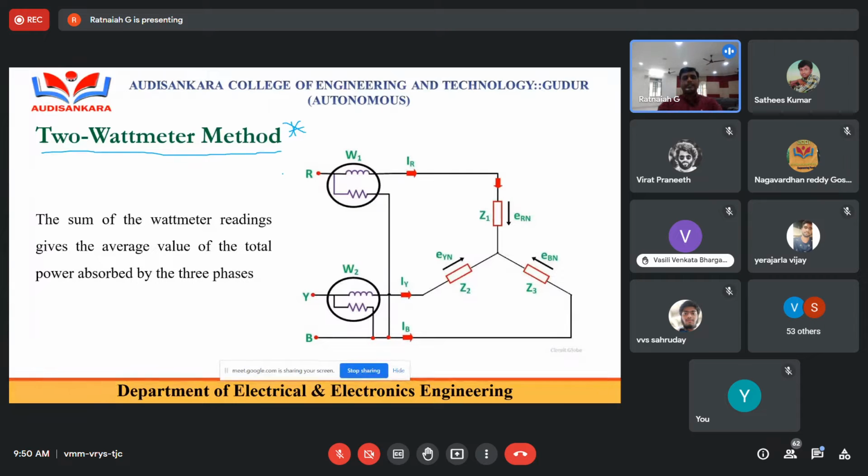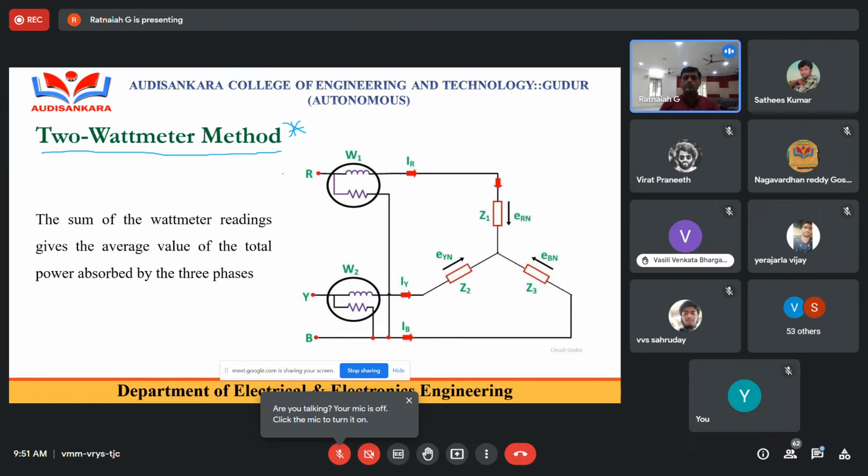What the two-wattmeter method says is, generally here we are going to connect two wattmeters. It may be star or it may be delta connection, balanced or unbalanced, so this is a very flexible method and the easiest method to calculate the power absorbed by the load. The single wattmeter method is applicable only for star connection, that too balanced only.